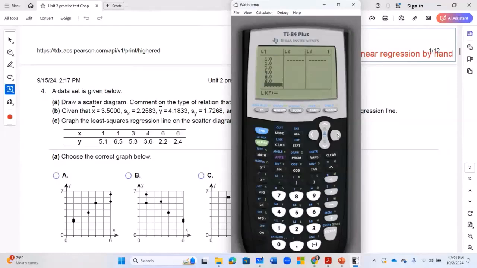All right, the next is my response variable, L2: 5.1, enter, 6.5, enter, 5.3, enter, 3.6, enter, 2.2, and 2.4.